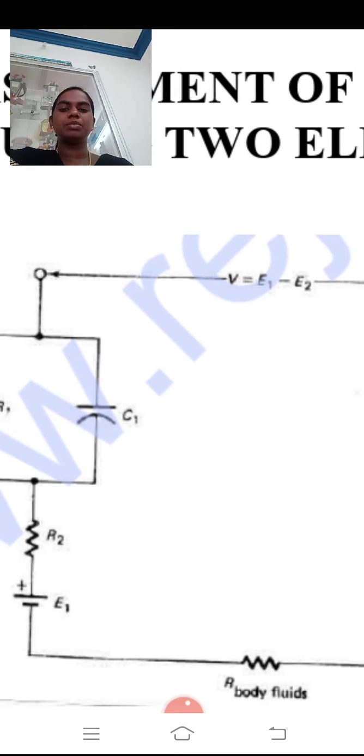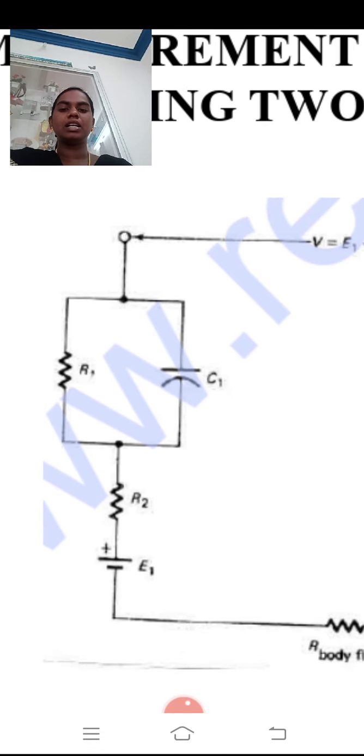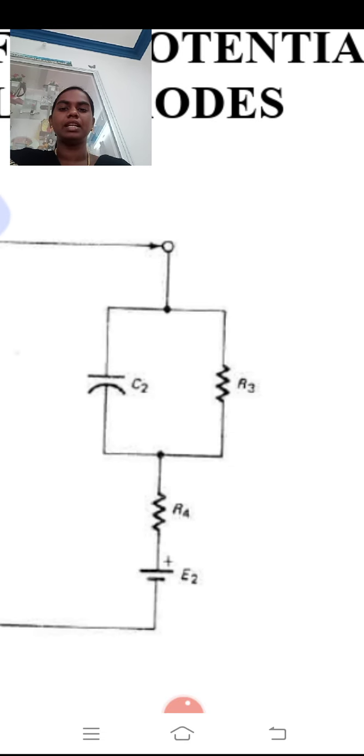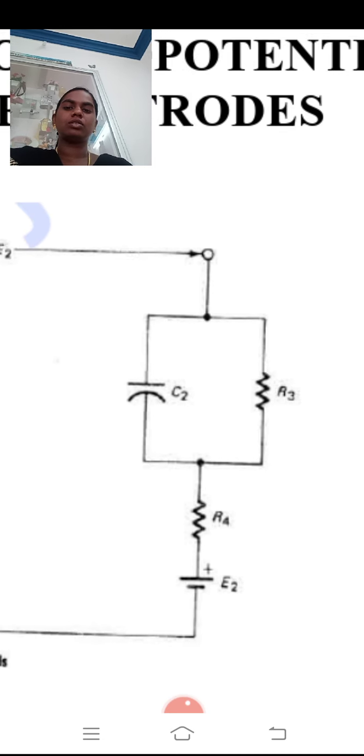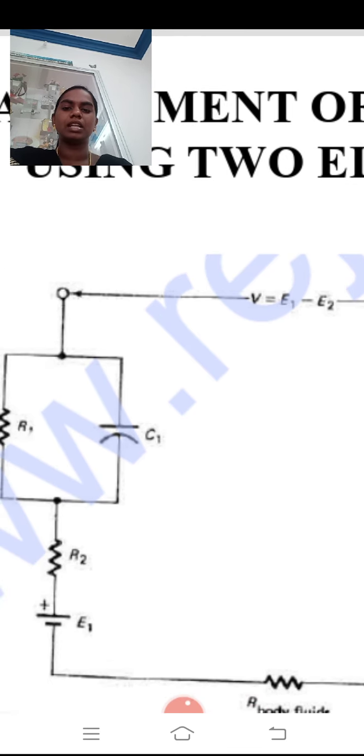It may be a suction type or a floating type. Otherwise, the left hand side may be a surface electrode and the right hand side a needle electrode or a metal electrode type system. From the previous arrangements, we measure the cell activity through this two electrode system.